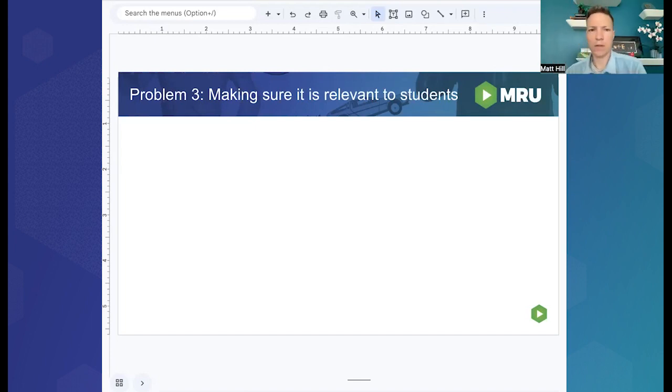This is not relevant to what's going on with me. I care about this girl or my friends or whatever sport I'm doing. And so this is often difficult.